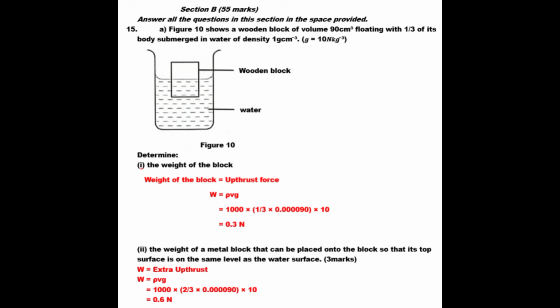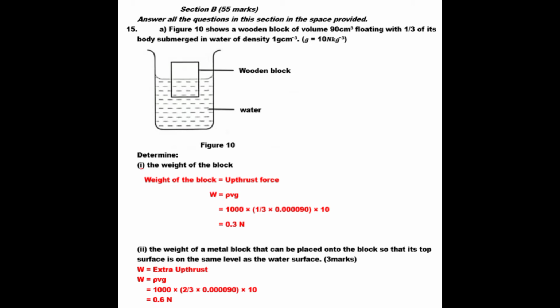So in other words, we need to know for the remaining unsunk part, what is the upthrust that will be experienced when you submerge the remaining part. So the weight needed to be added on top is the extra upthrust, which is rho Vg, V being the remaining unsunk volume.